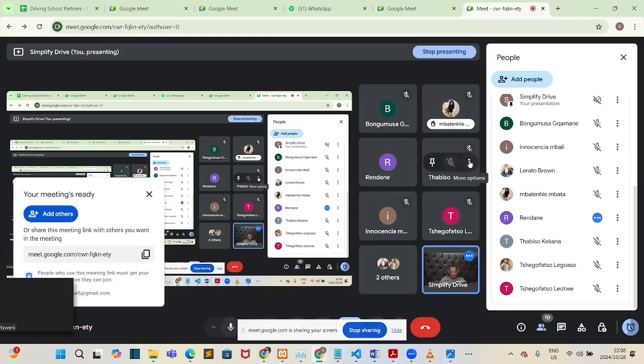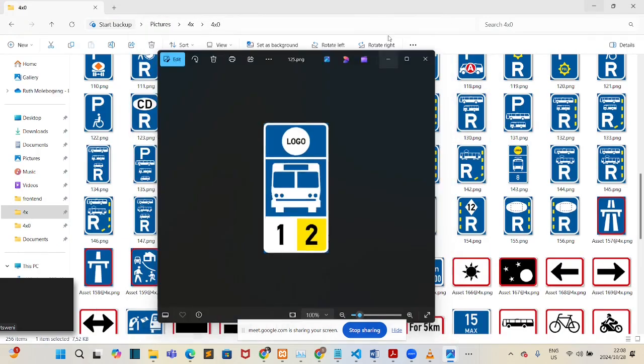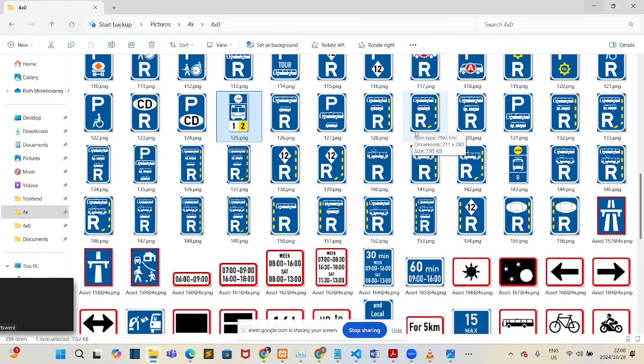Yes, Balentia. Sir, please repeat the question again and the options again. I just want to see how you got the final answer because I was confusing it, I think, with B. So I just want to get it right. B says it indicates which lane a bus from a specific organization or company must use, right?